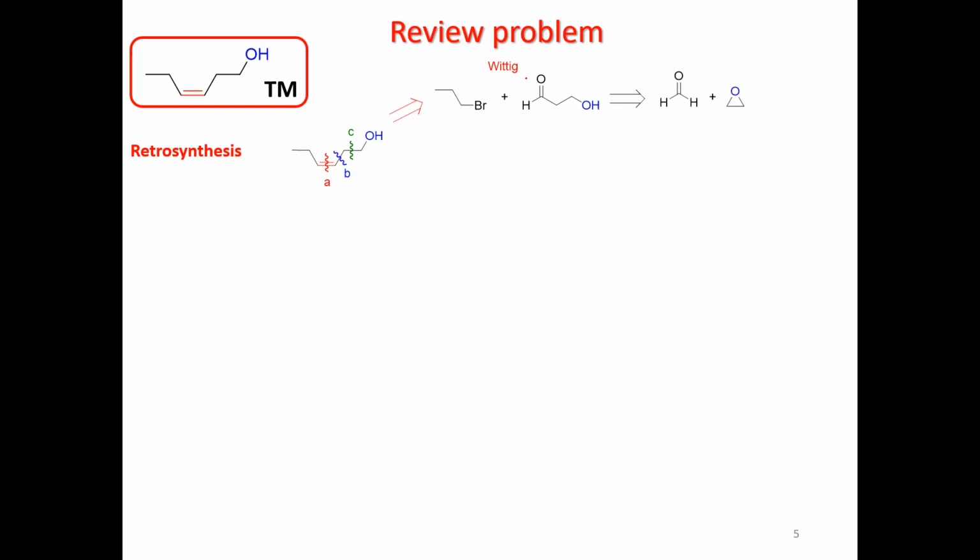Then this one can come from, for example, we saw that yesterday, this reaction. Otherwise, that's what I mean. You do an FGI, you transform your double bond into a triple bond. Then, well, carry on doing the retrosynthesis. But this is the important step here. In the synthesis with this one, you need to use the Lindlar.